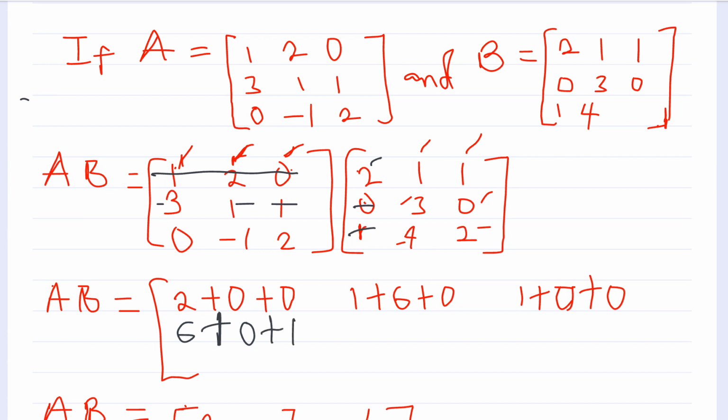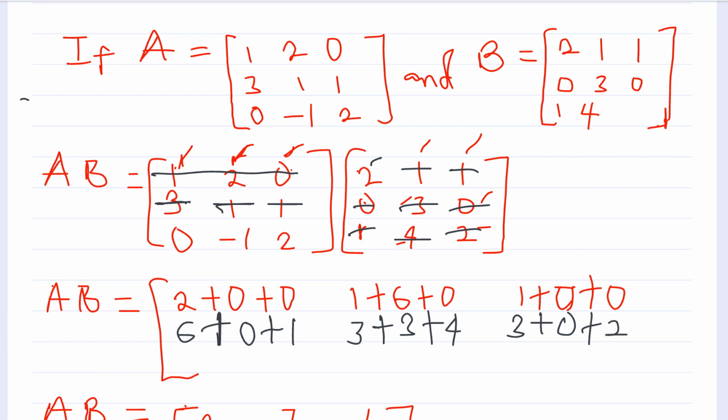I'm still going again. 3 multiplied by 1, 3, 1 multiplied by 3, 3, 1 multiplied by 4, 4. I'm still going with that same row again, now with the third column. 3 multiplied by 1, 3, 1 multiplied by 0, 0, 1 multiplied by 2, 2. Do you understand that now? So I'm done with this particular row also.